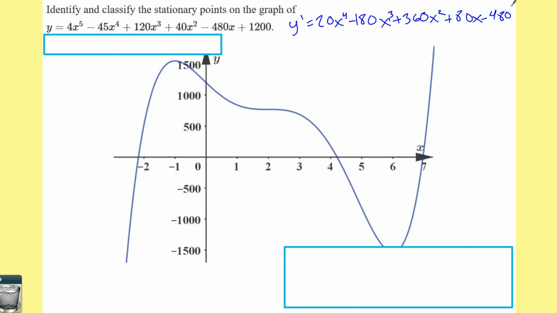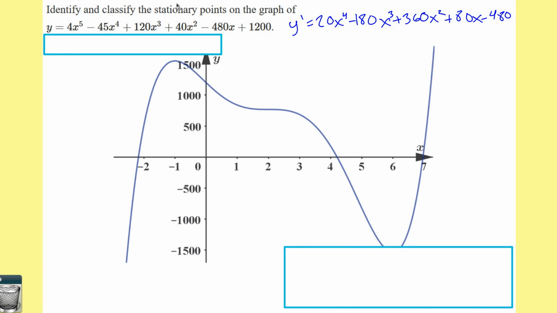I really don't feel like doing that by hand, so I am going to plug that into my graphing calculator and find my x coordinates.